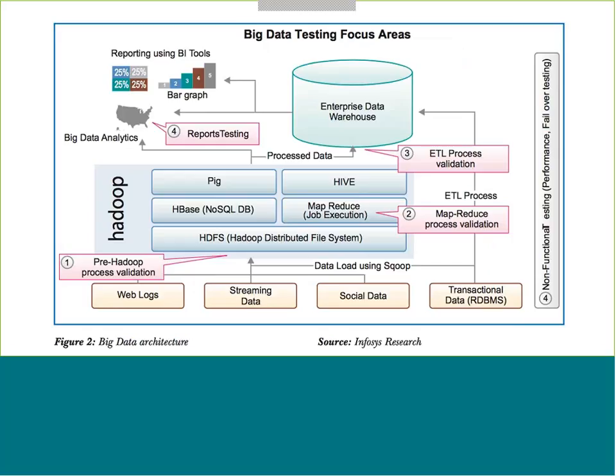If we're looking at this, the bottom bit is probably good here. If you're looking at web log, streaming data, social data, and transactional data, the problem you have, if you're trying to test that, is that you need to test them all in harness. You've got some web traffic: someone's gone online and done some stuff.